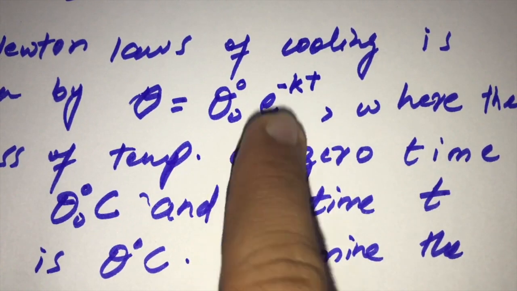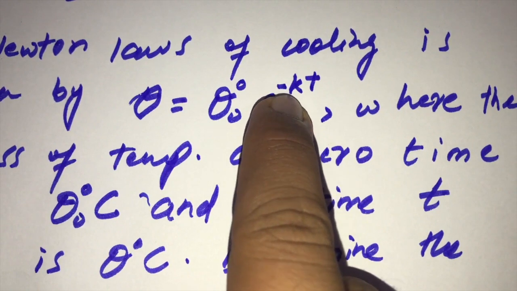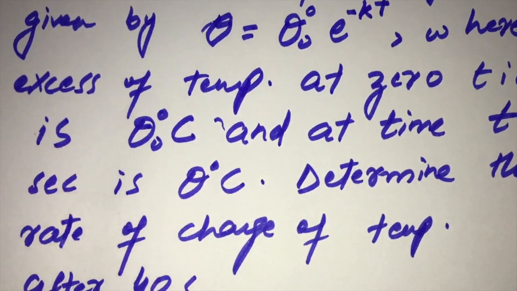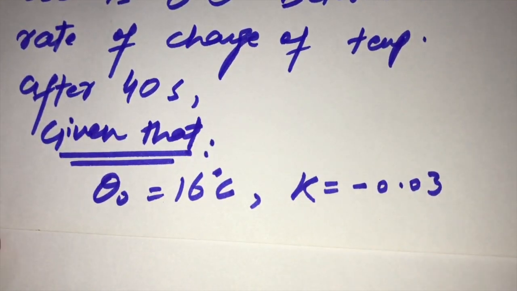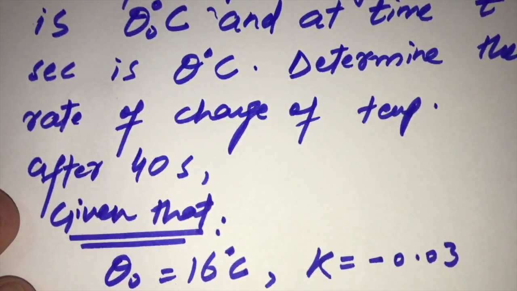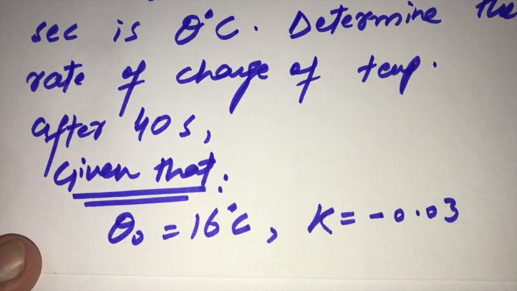This constant k appears, and we are also given its value, k is equal to minus 0.03, and theta naught, the value at time t equal to 0, is 16 degrees Celsius.